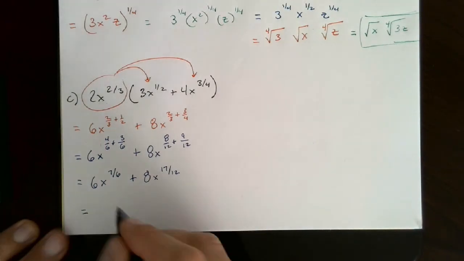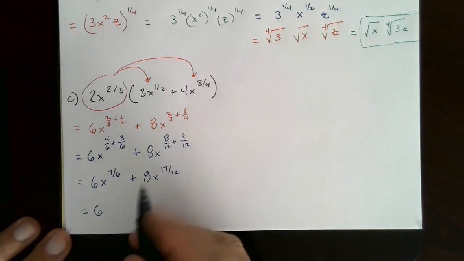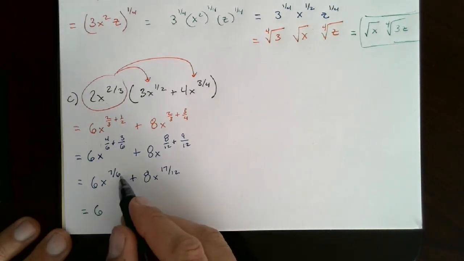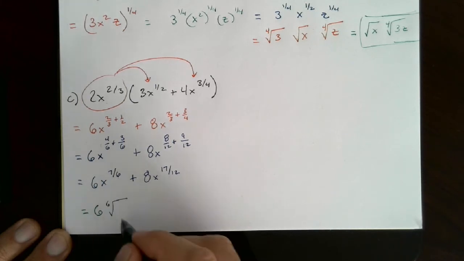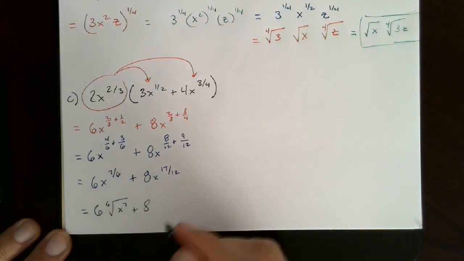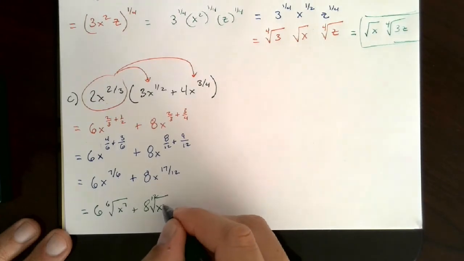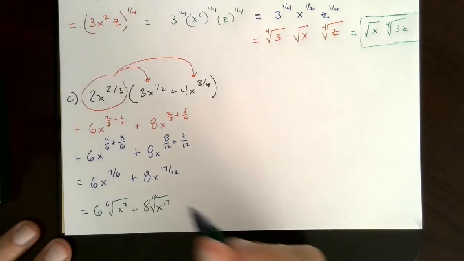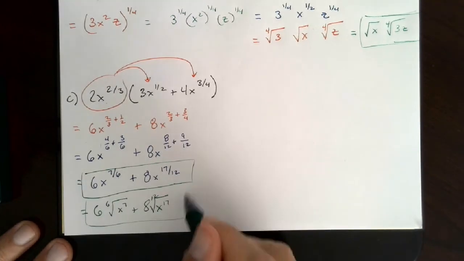So writing this just as some roots, just so you can see it, this will be 6, and then here we have, this is what root? Well, it's the 6th root, because 6 is in the denominator, of x to the 7th power, plus here 8, x, we're taking the what root? The 12th root of x to the 17th power. So either of these is okay for now to leave as the answer.